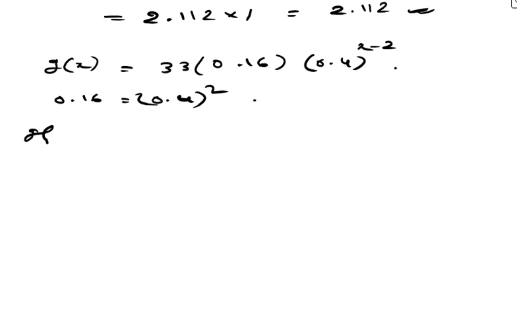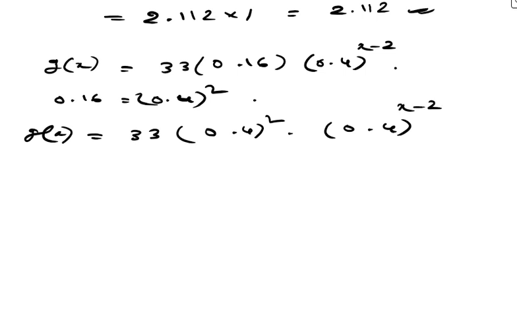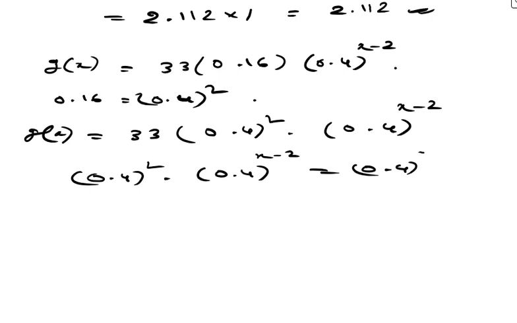So g(x) is equal to 33 times (0.4) squared times (0.4)^(x-2). Now combine the powers. So (0.4) squared times (0.4)^(x-2) is equal to (0.4)^x.